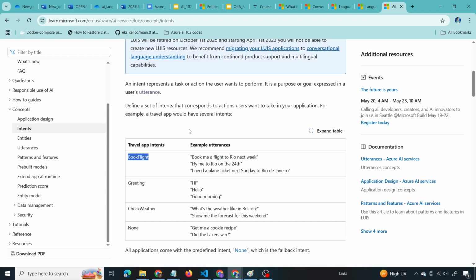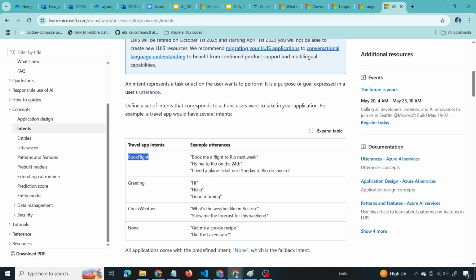When we are developing a conversational language understanding model, we have to train it with custom intents. For example, in this case, book flight is the custom intent, and we have to provide example utterances for that intent. The utterance can be in various formats, but the intent is the same. The more example utterances we provide, the more accurate the model will be.